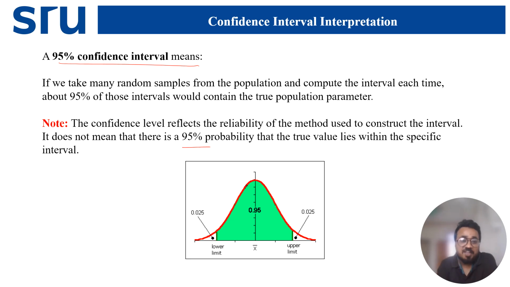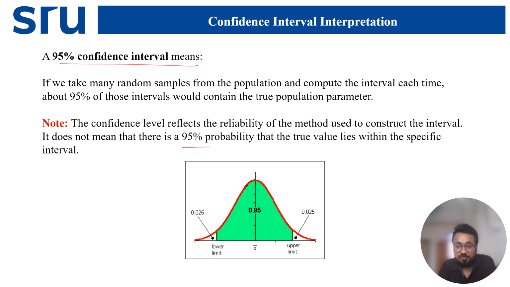So don't get confused that a 95% confidence interval means a probability on that interval. This is the meaning of a 95% confidence interval.